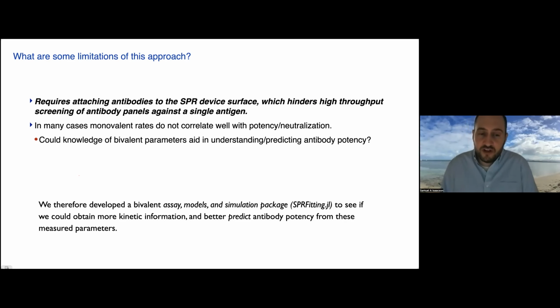So what I'm going to focus on for the rest of the talk is what we'll call a bivalent model that's more like the picture I just showed you. I'll show you how we built the model, how the experiment works, how we built a computational workflow to combine them all. And then I'll show you how well it does at predicting the ability of the antibodies to neutralize just from the measured parameters.